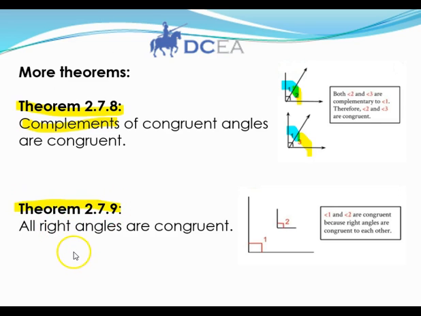Theorem 2.7.9: all right angles are congruent. Angle 1 and angle 2 are congruent because right angles are congruent to each other. All right angles, remember, are 90 degrees. The measure of one right angle will be equal to the measure of another right angle, and they will be congruent to each other.